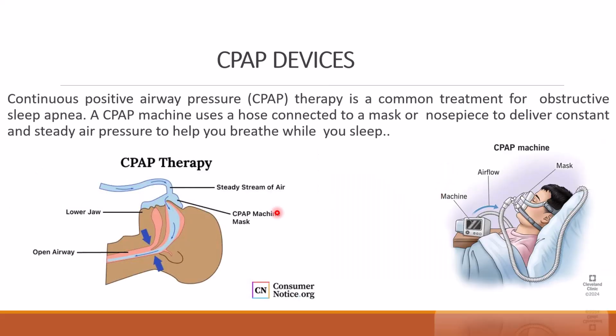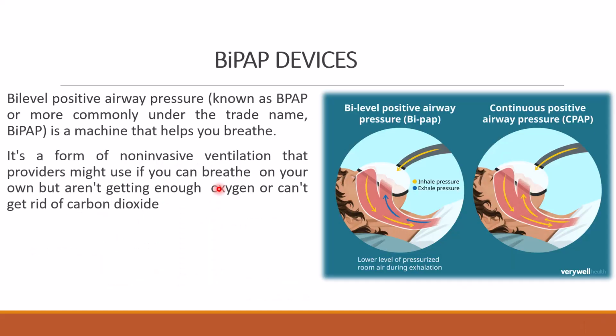The BiPAP, or bilevel, applies two different pressures on the patient's airways, one for inhalation and one for exhalation. Actually, the kind of device and the applied pressure can be determined only by the doctor, by the physician itself.